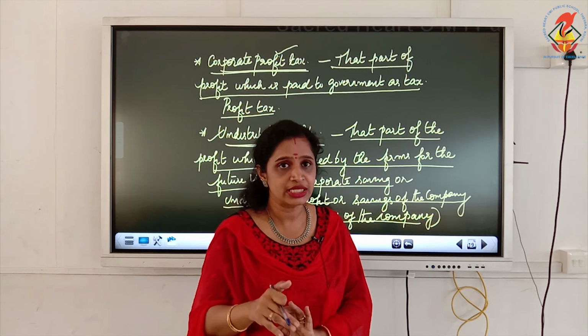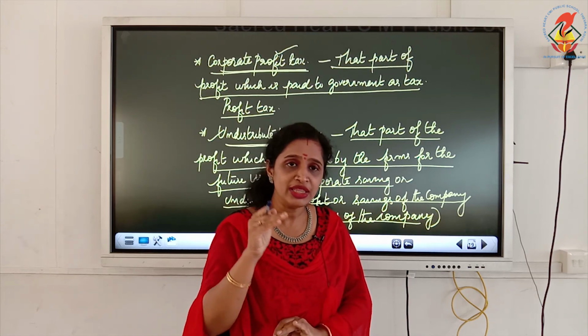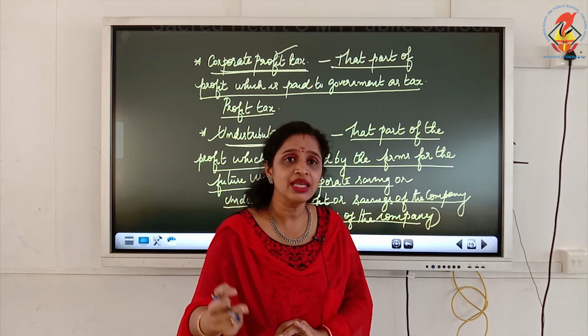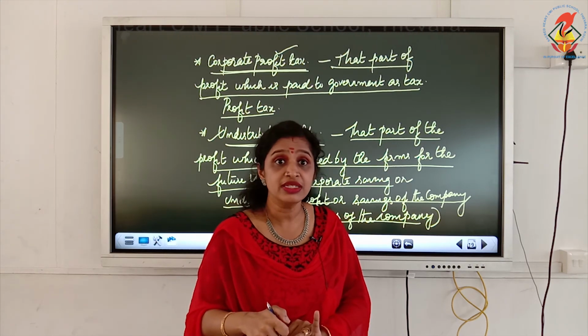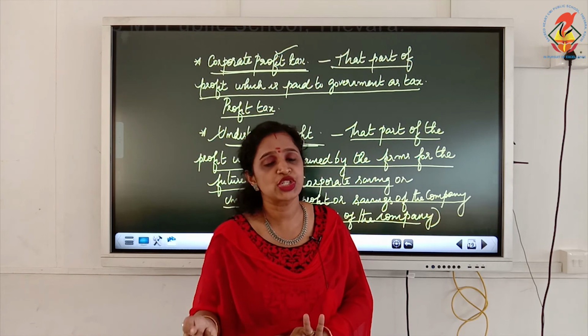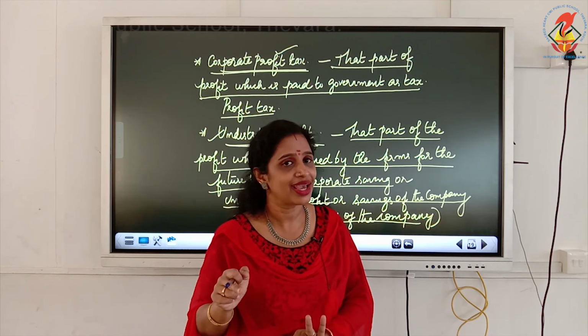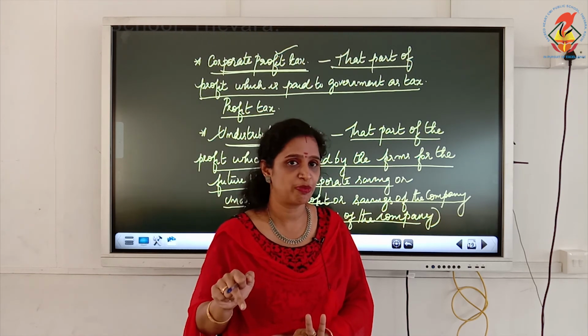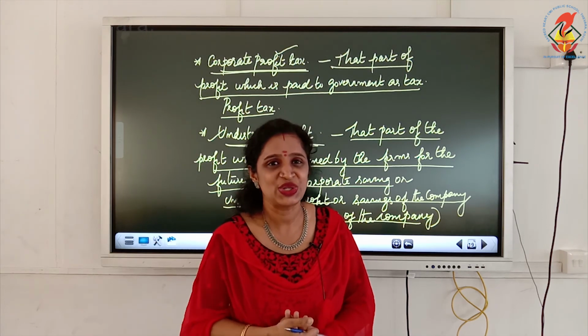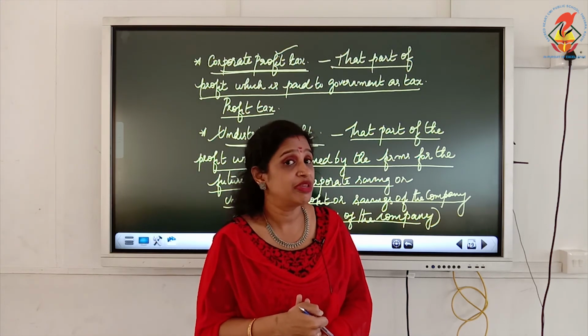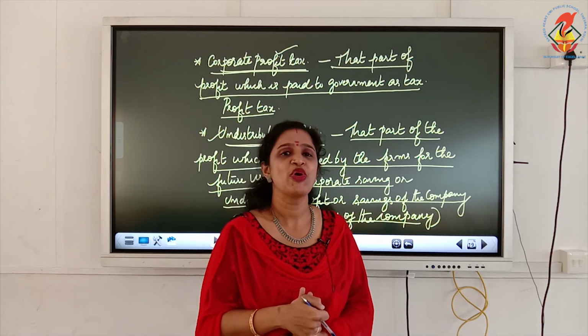So for the exam, to confuse you, in the question, it will be repeatedly given as profit as one item, second item as dividend, third item as undistributed profit. So don't add dividend and undistributed profit, because if the heading profit is given, everything is included in that. So you have to be very familiar with all the components.